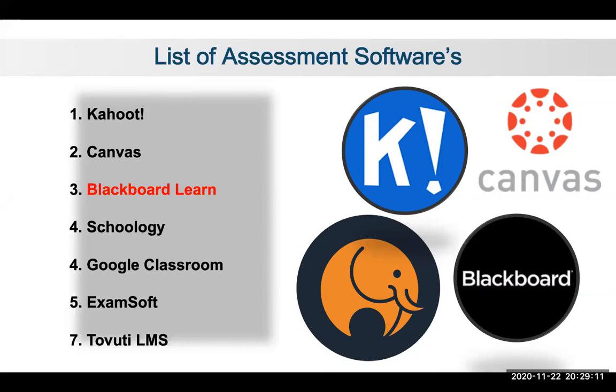But we do need to focus on Blackboard Learn, because Jazan University, and especially all the government universities in Saudi Arabia, are using a single platform, which is Blackboard Learn. And Blackboard Learn is not only software, it's a complete LMS package, a learning management system.